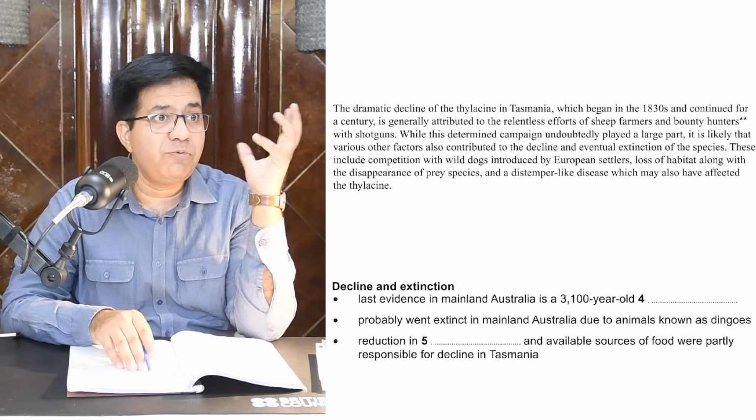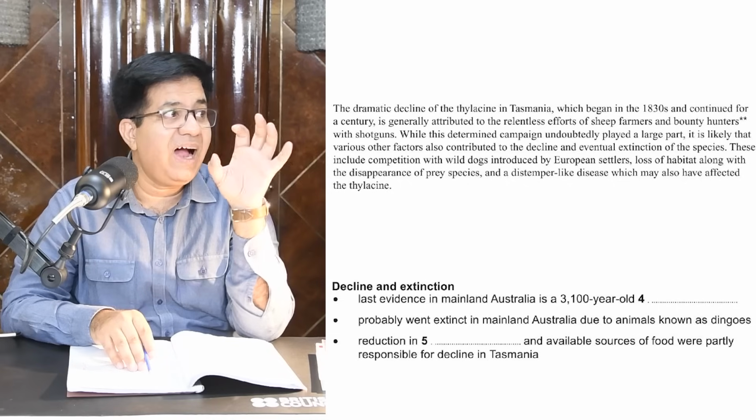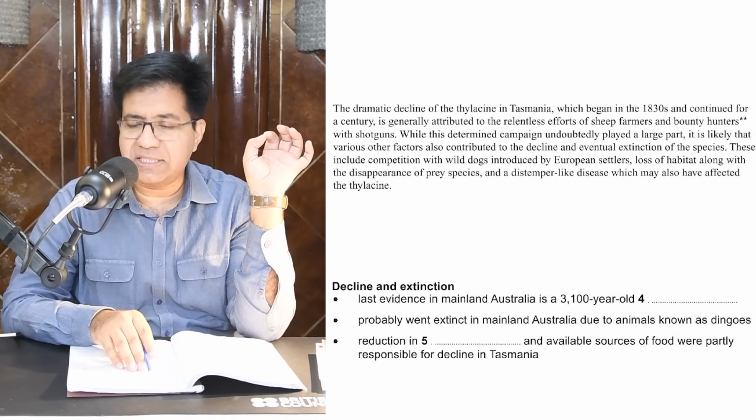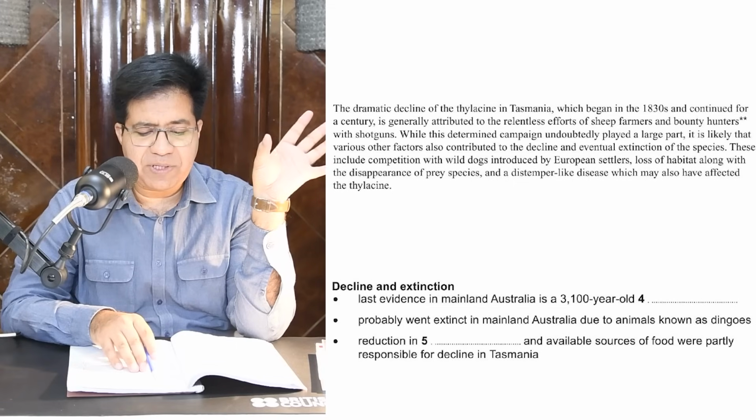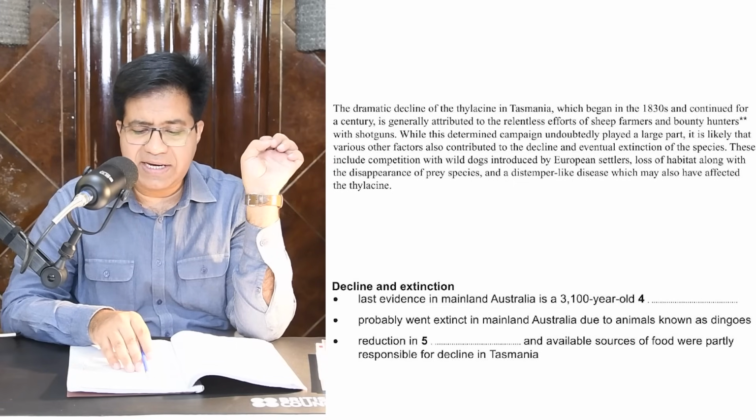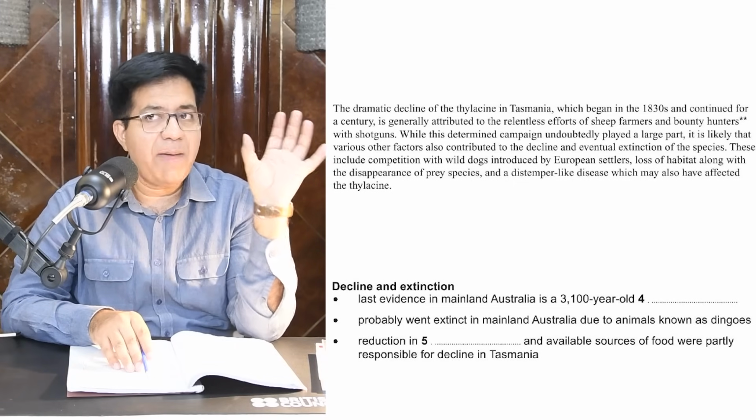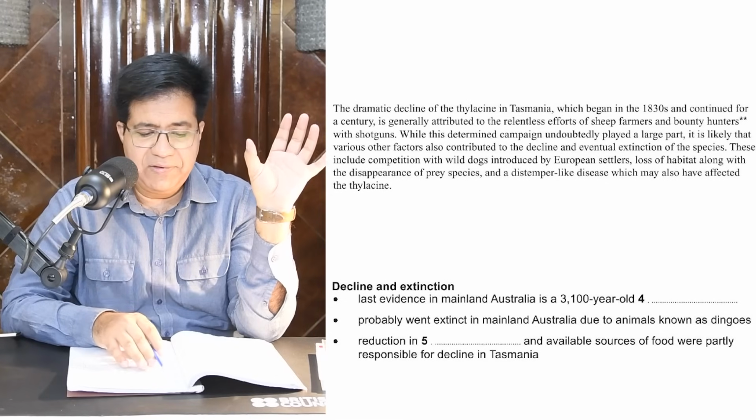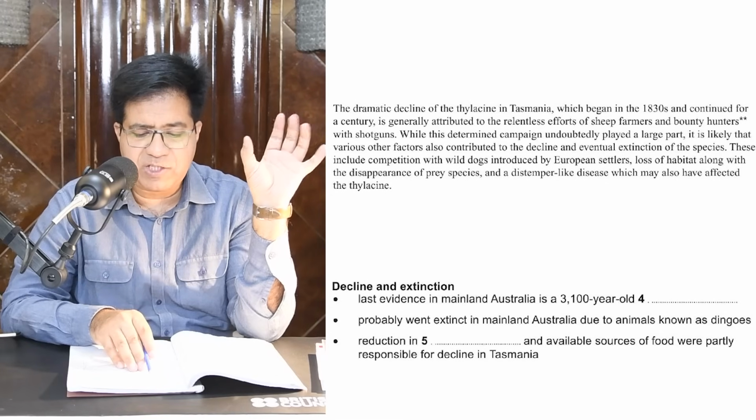Prey species means food. Prey means hunt. So what should be the answer? One thing is competition with wild dogs. Second is loss of habitat. Habitat means place to live. Third thing is disappearance of prey species.